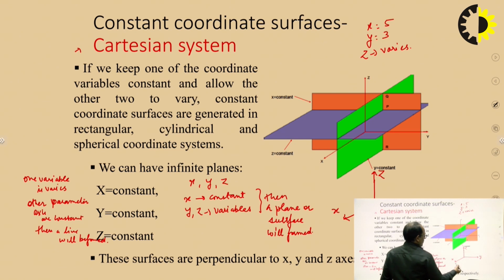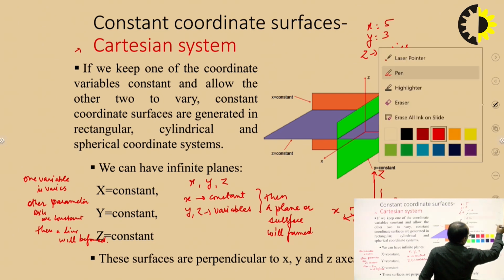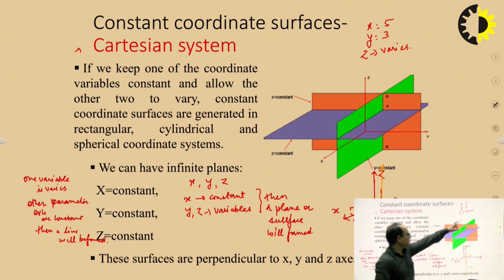Then a line will be formed in this direction, the line where x equals 5, y equals 3, and z varies. Clear?